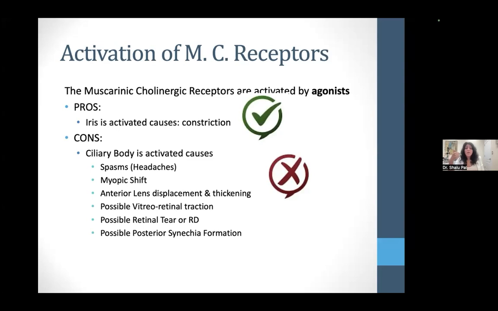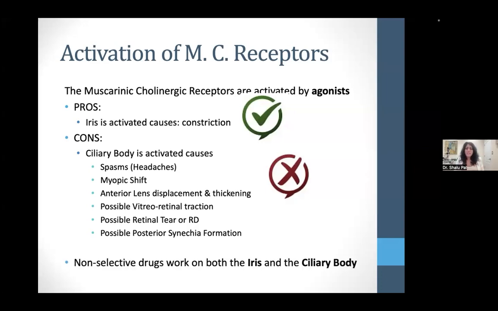It can create myopic shifts. It causes the lens to displace, which can potentially cause retinal traction, retinal detachments, and posterior synechia to form. So that's all the bad stuff with activating these receptors.